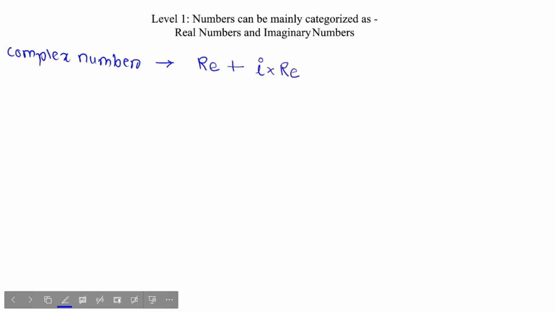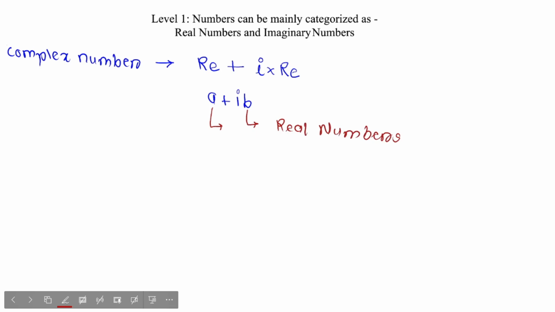In simple format, a complex number is a plus ib. The point to be noted is what a and b are: a and b here are nothing but real numbers only.